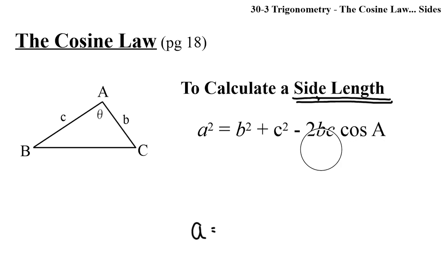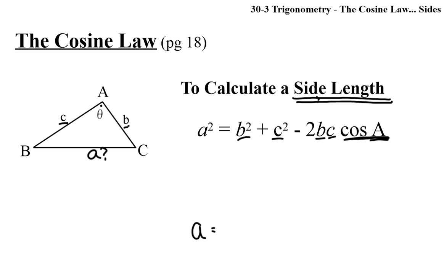Now, the other thing that you have to be careful of with this: because this question is asking, what's the size of side A? Well, I would be able to punch in side B, punch in side C, side B and C again in the formula, and cosine of the angle that we know.